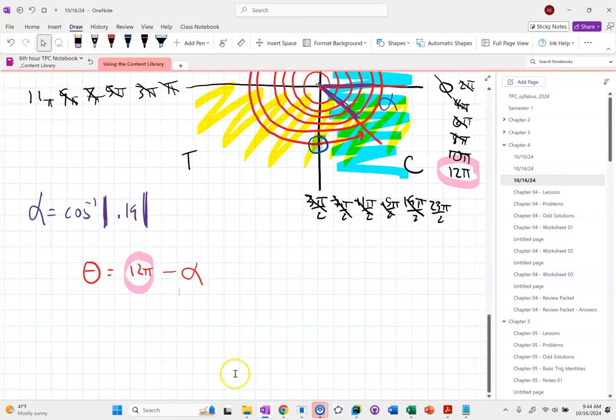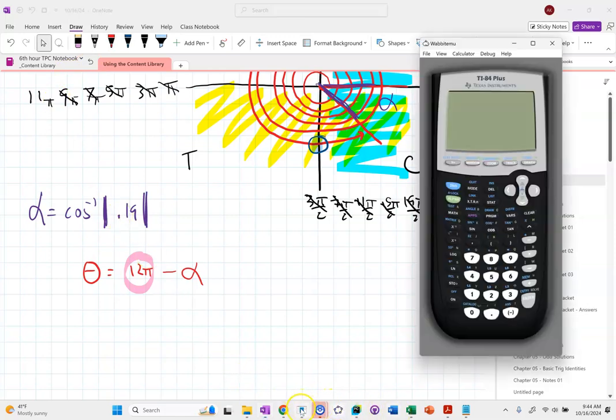So my answer should be 12 pi minus alpha, or 36.32.